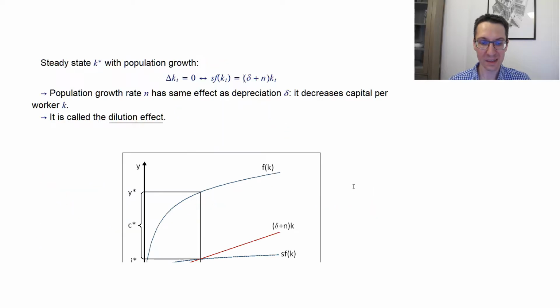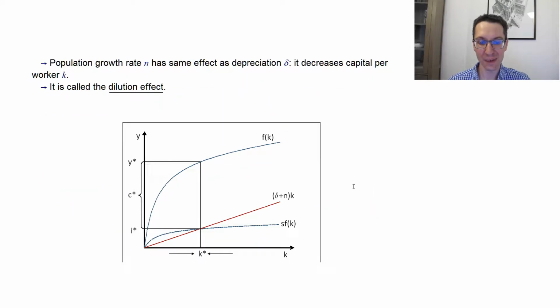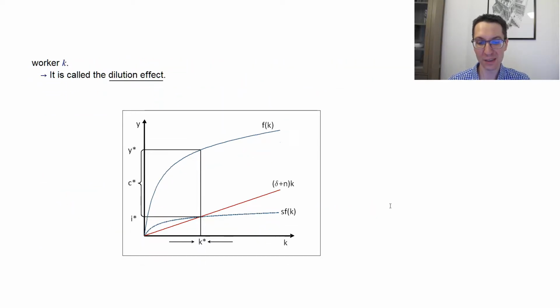Okay, so now we can guess that graphically it's going to look very similar. First of all, f is the same. It has the same shape as capital F. And here, this is constant and this is constant. So this is what I get. I simply get the steady state, but everything in terms of per capita capital.